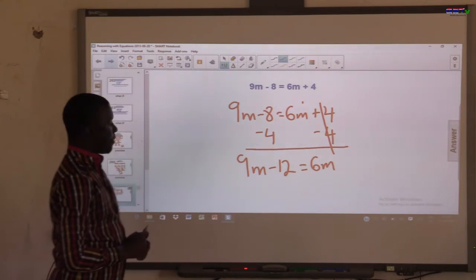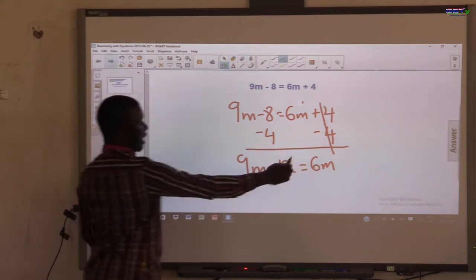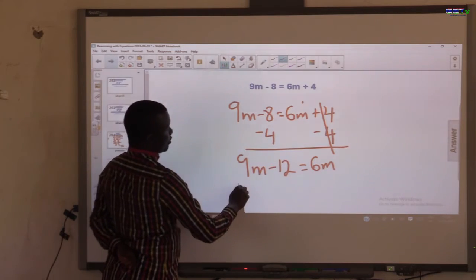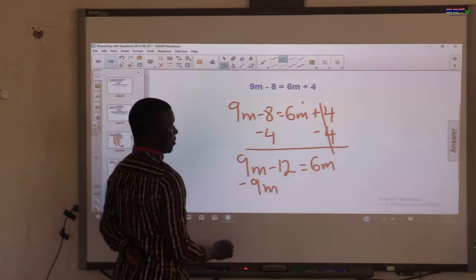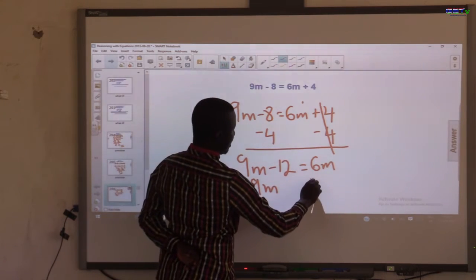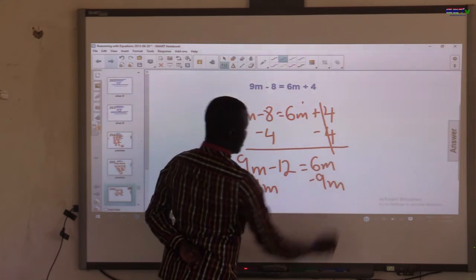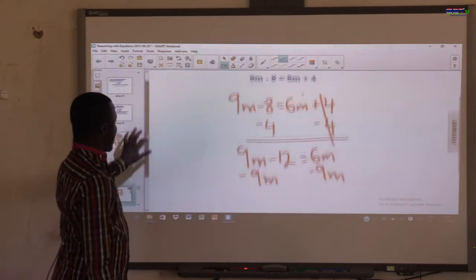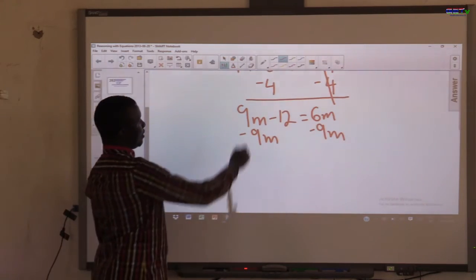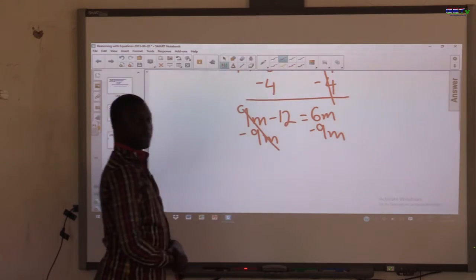In doing so, we want to isolate our variable here. So we subtract 9m from the left-hand side, and 9m from the right-hand side. 9m minus 9m cancels out.